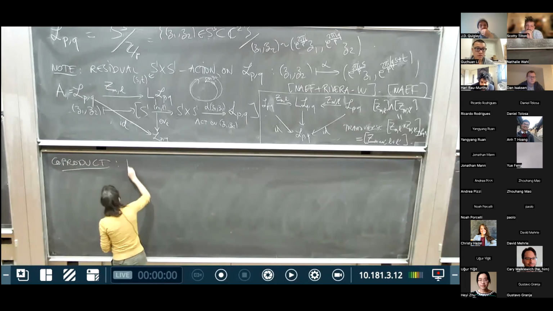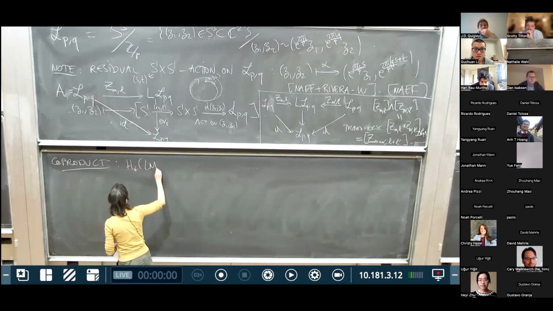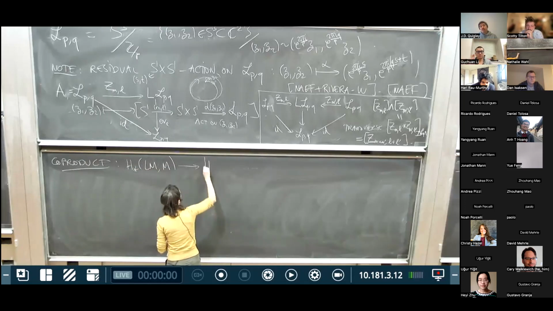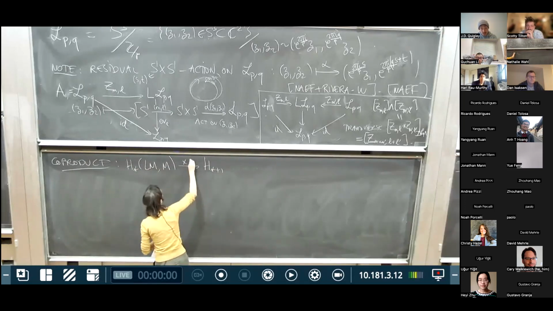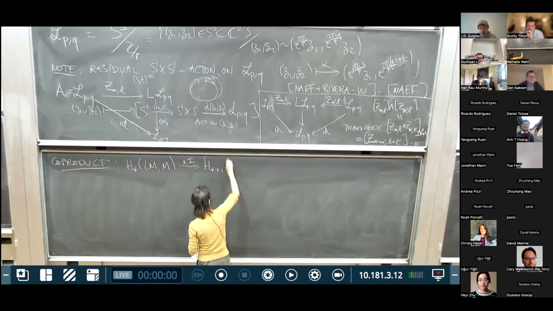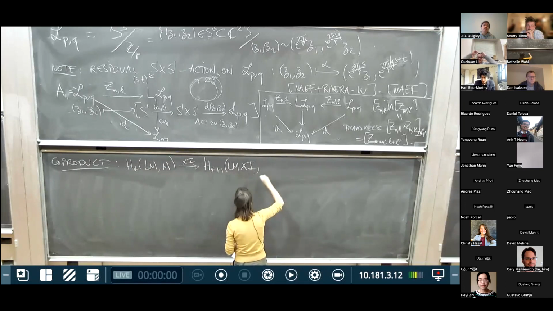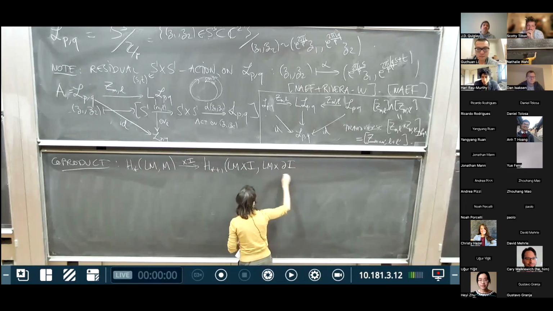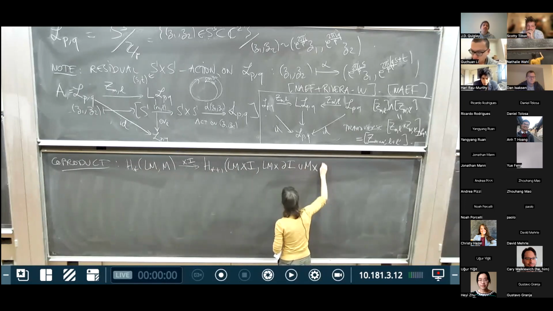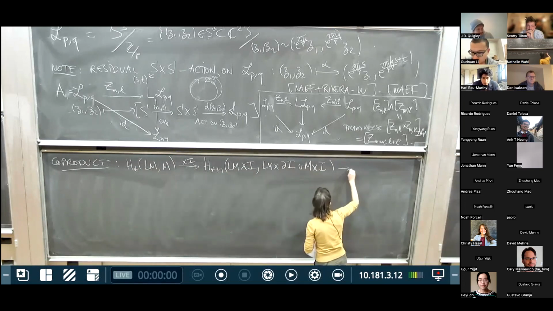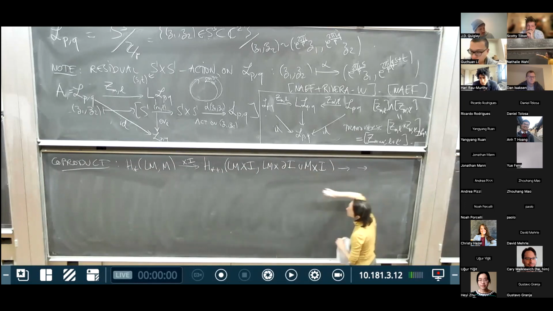Remember, we take the homology of the loop space, and maybe we are investigating the homology relative to a constant loop, say. The first thing we do is we cross with an interval. We are in NM cross I relative to NM cross the boundary union M cross I. We start in relative homology here, and then we do the same procedures as before, and we intersect and so on.